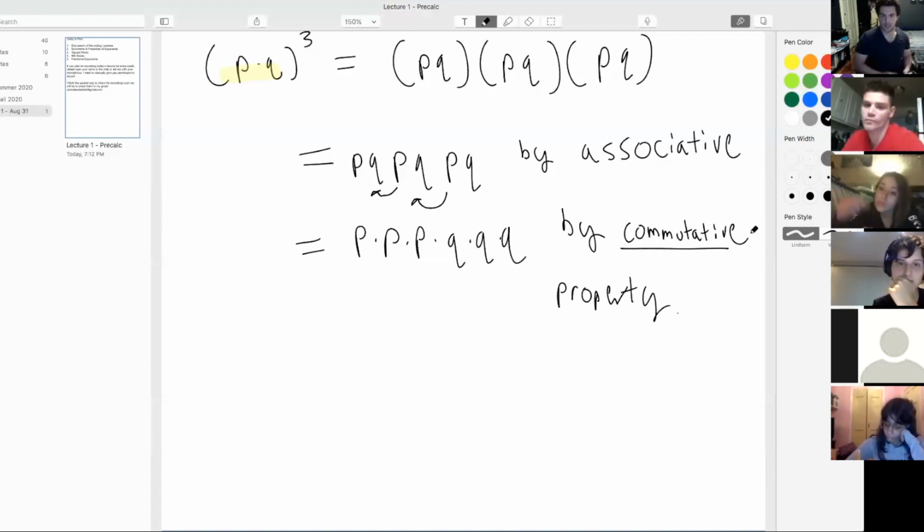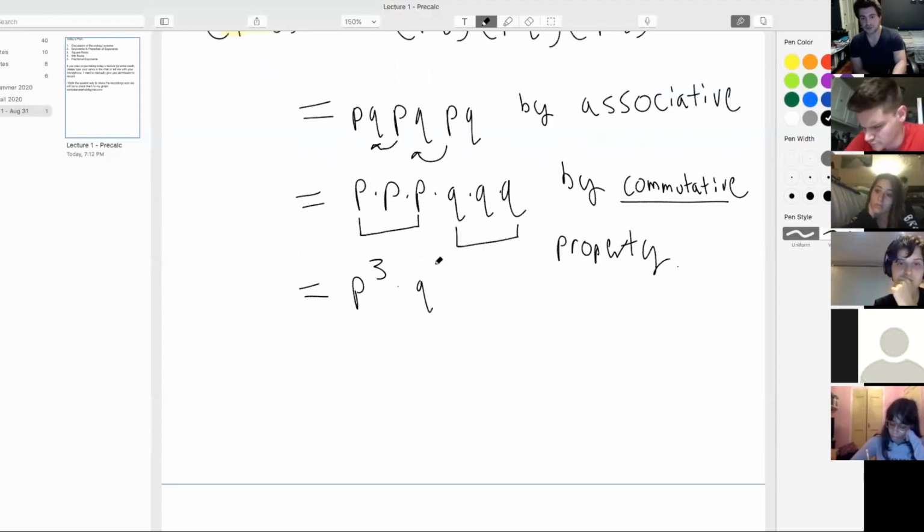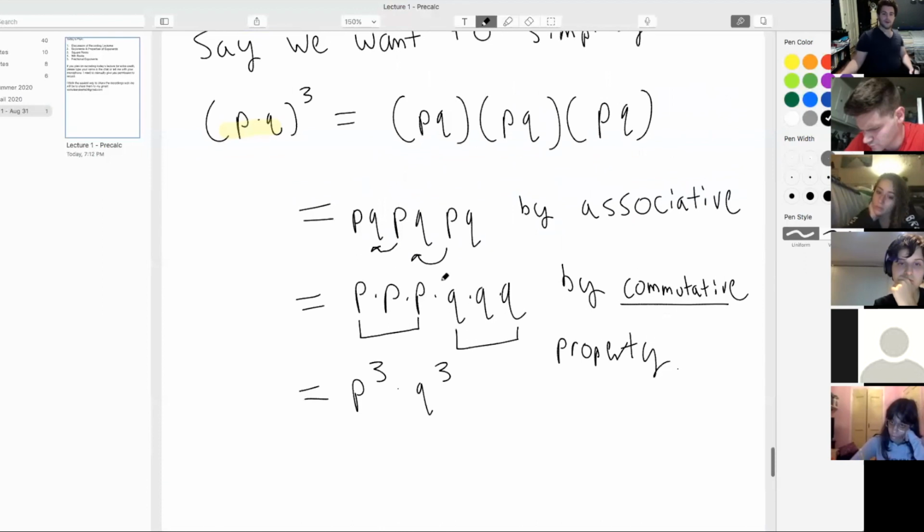Finally, that first grouping of P's is P to the third, and that grouping of Q's is Q to the third. So you can see what happened here. I essentially just distributed this 3 to both factors of the product. And that's the rule.